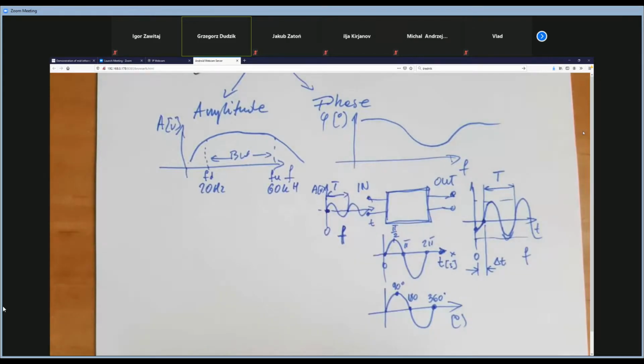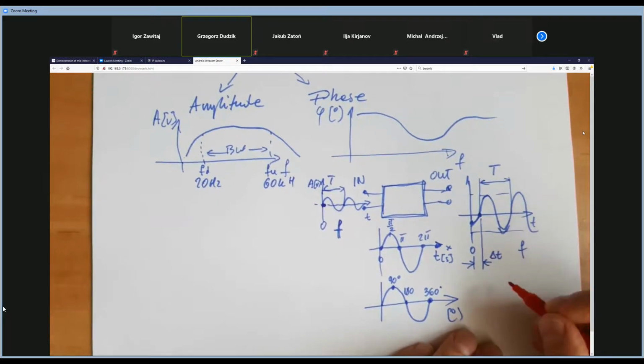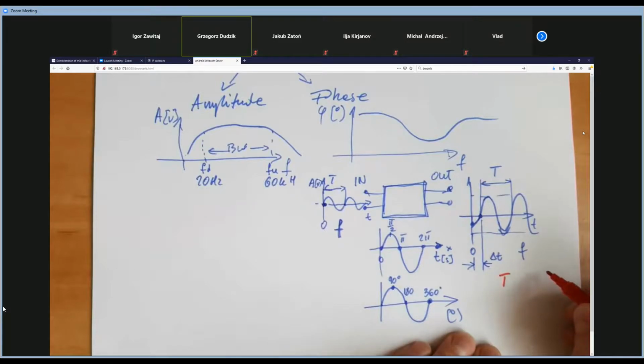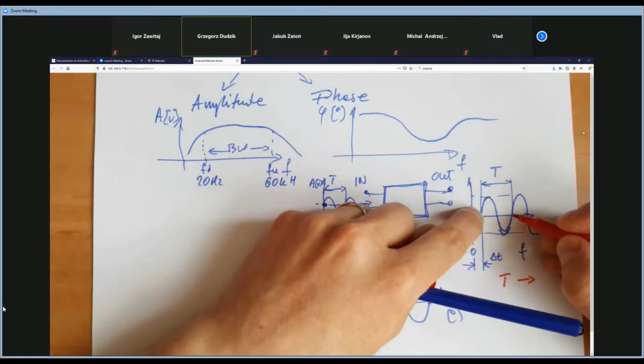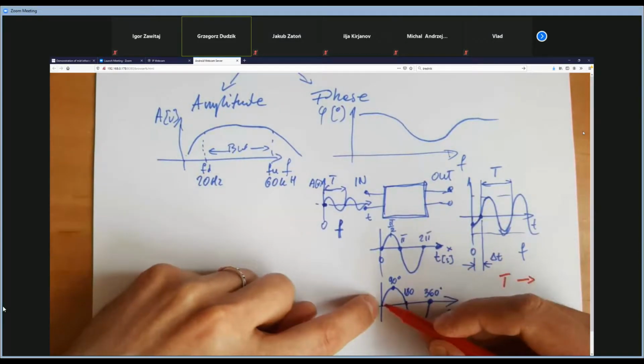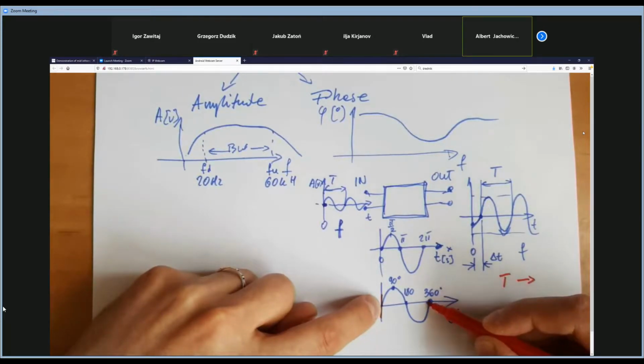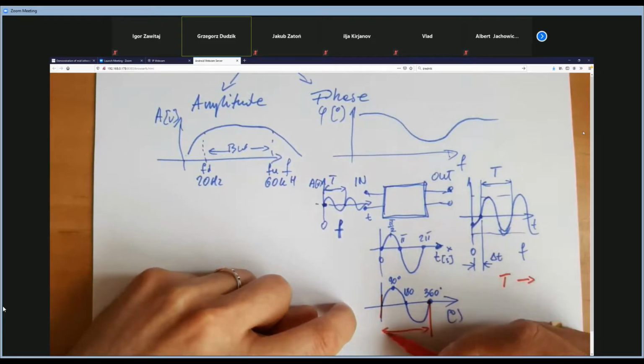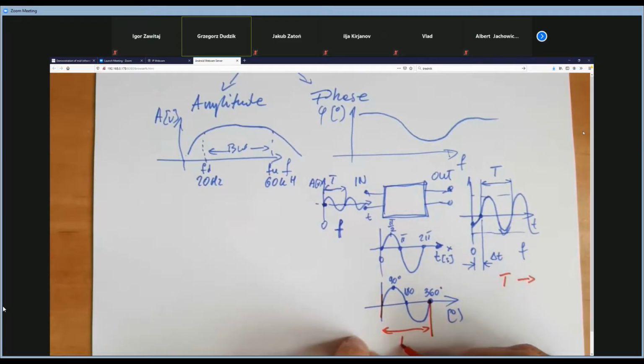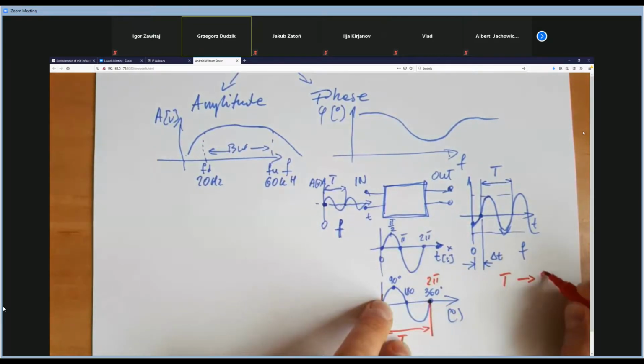So we can write that the period T is the same as what angle, what phase changed from here to here. That's right. This is the period T, and in angle it is 0 to 360 degrees, or 2 pi. So we can say that the period is the same as the phase equal to 2 pi.